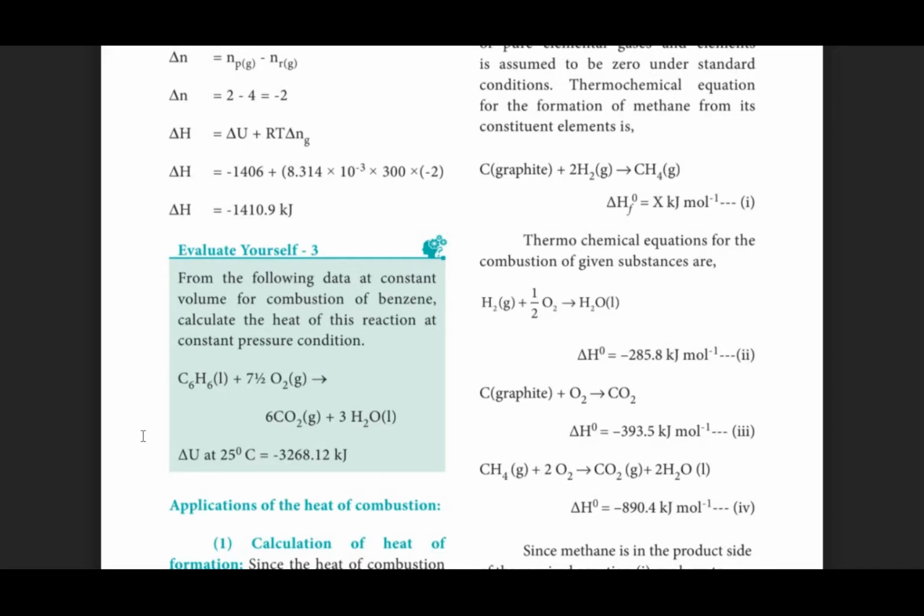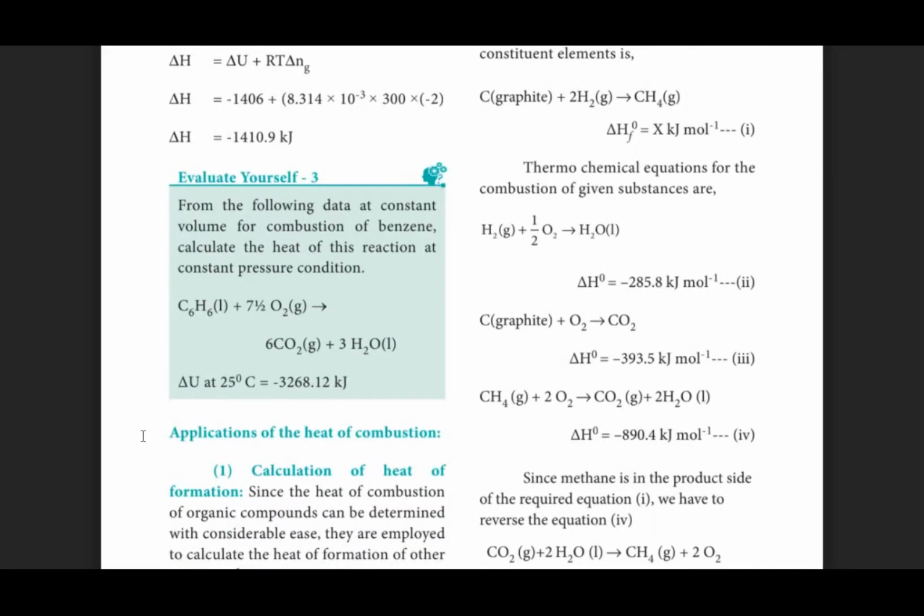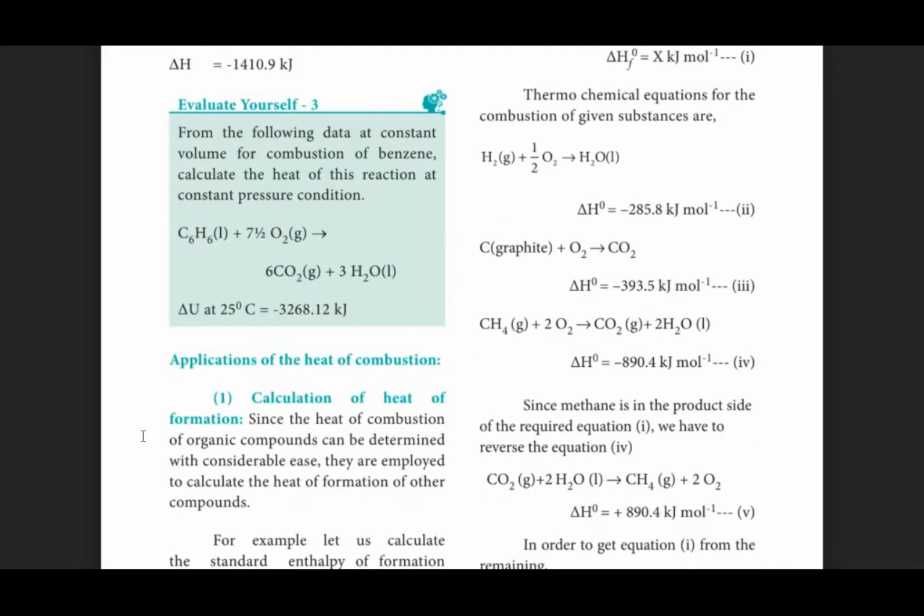The thermochemical equations for the combustion of the given substances are H2 gas plus half O2 gives H2O liquid, with a value of minus 285.8 kilojoules per mole; graphite plus oxygen gives CO2, with a standard enthalpy value of minus 393.5 kilojoules per mole; and the methane combustion reaction gives carbon dioxide and water, with an enthalpy change of minus 890.4 kilojoules per mole.